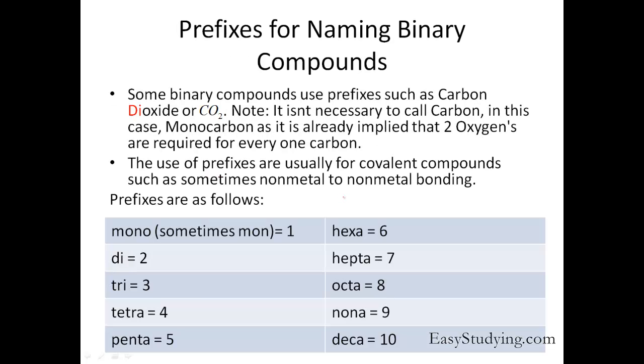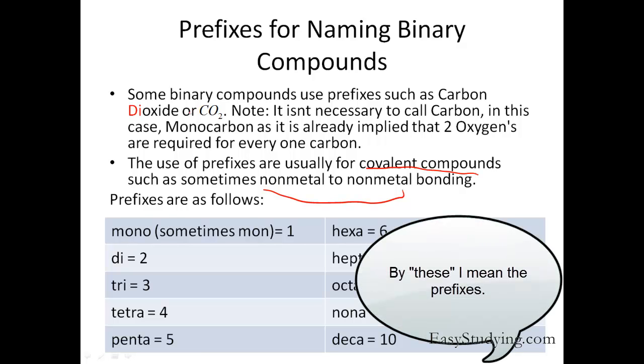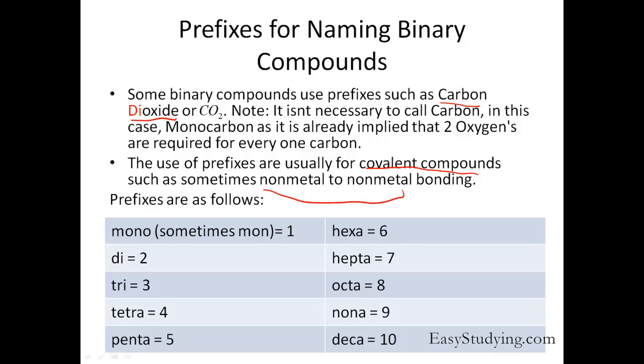Some binary compounds use prefixes, which include sometimes non-metal to non-metal bonding, and those are usually called covalent compounds. These are to distinguish the ratio of atoms. So one example is carbon dioxide. As you see here, we have the prefix di, meaning 2. So CO2.